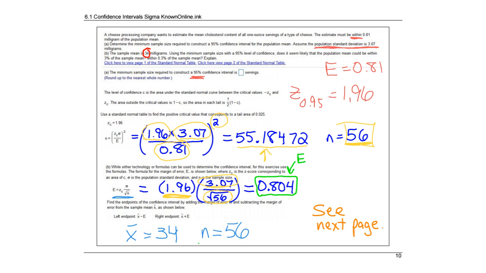So I think we have all the information now to do the work. We've got the sample mean, we have the sample size, we have the margin of error, and so I think we're going to be able to answer this question. So let's go to the next page.